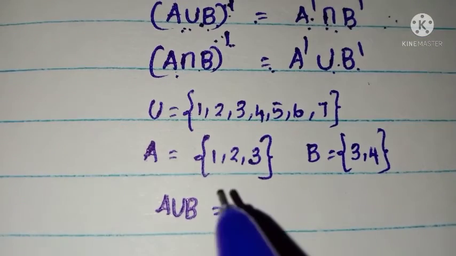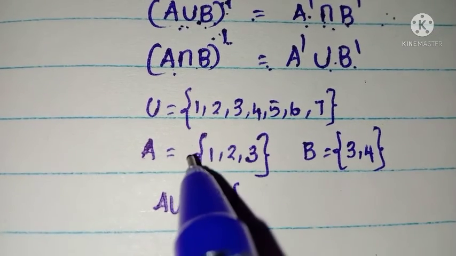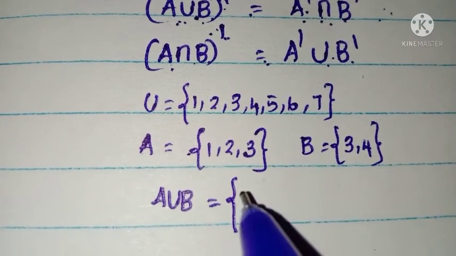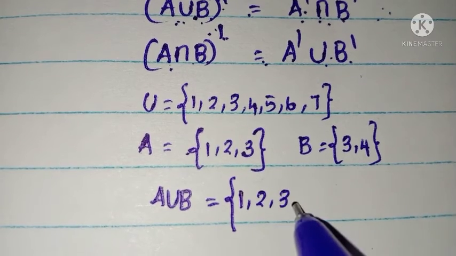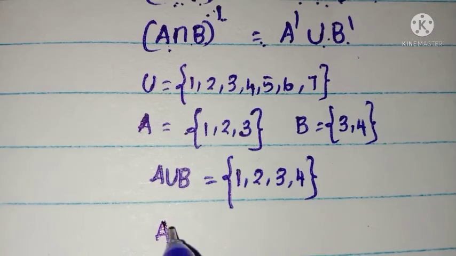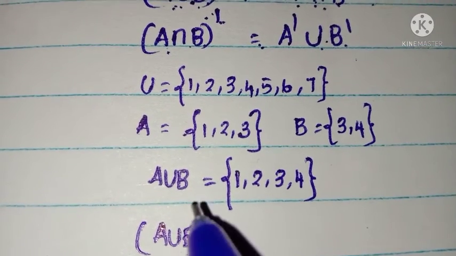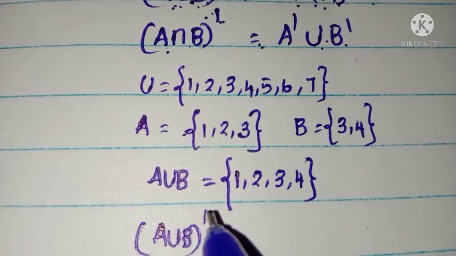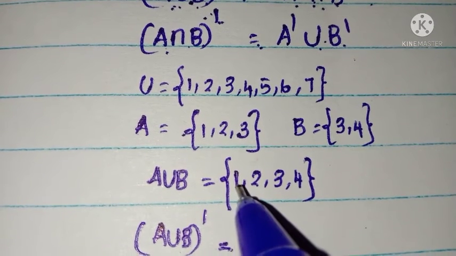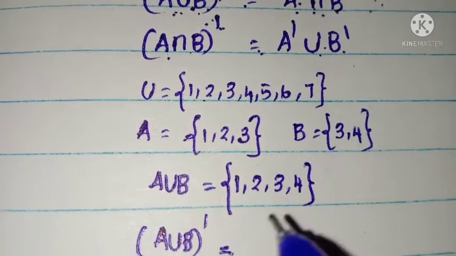So first we need to find what is A union B. Union means write all the elements belonging to A or B. That is 1, 2, 3, 4. That is A union B. Now find its complement, (A union B) the whole complement. Complement is obtained by eliminating the elements of A union B from the universal set.